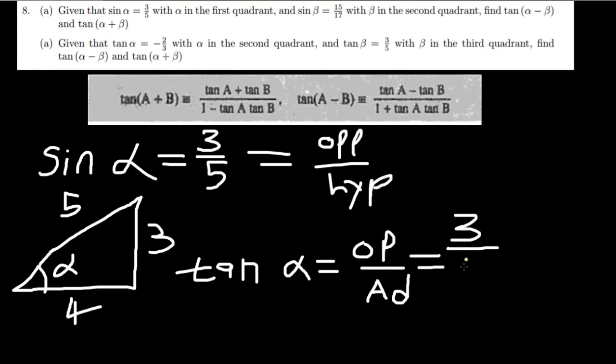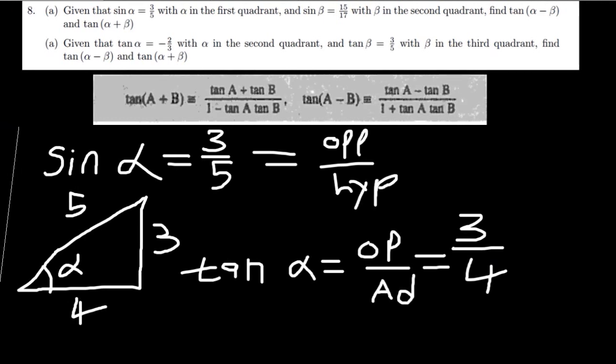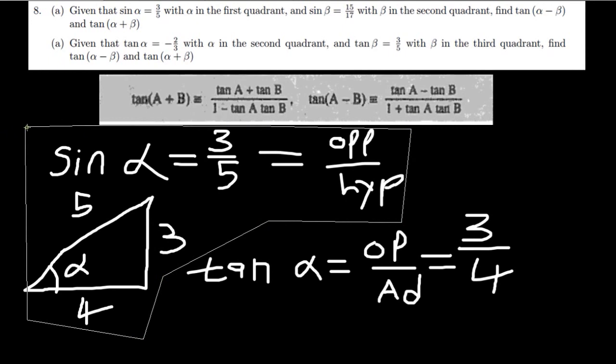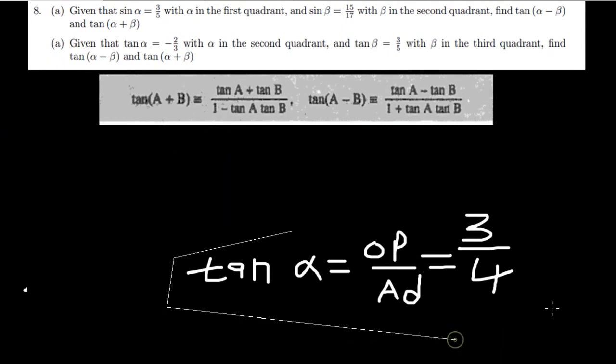My adjacent is 4. So in short, I've gotten my tan alpha. Now all this becomes useless, because what I wanted is just tan alpha.